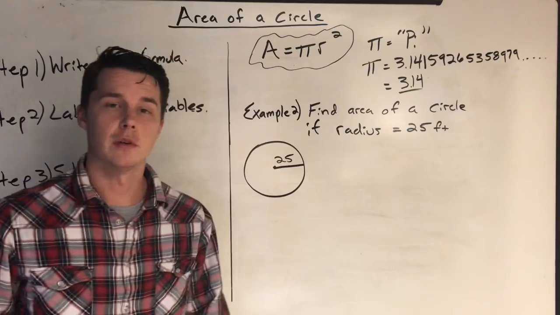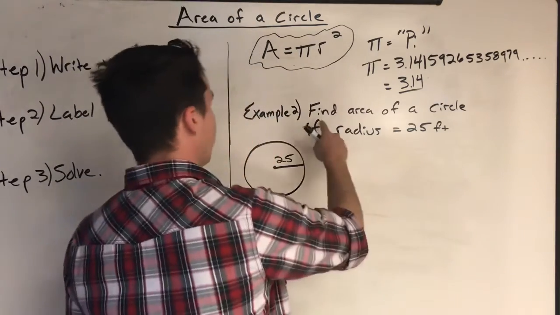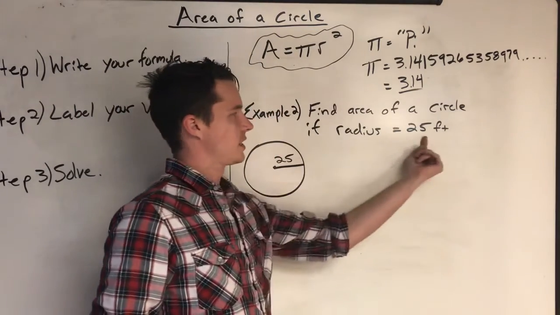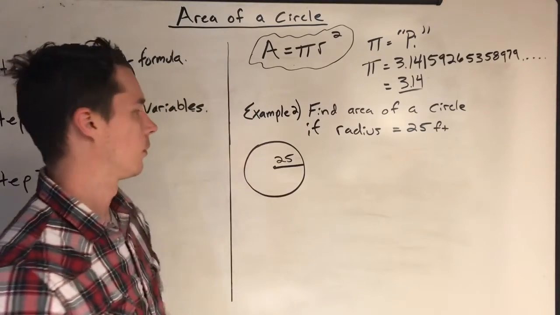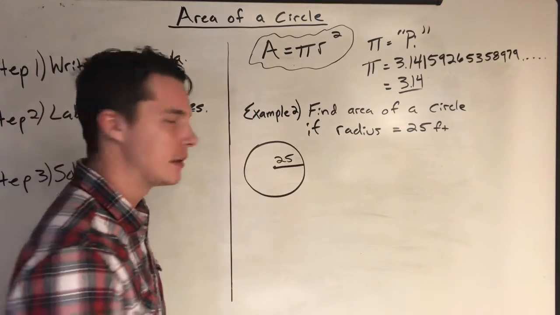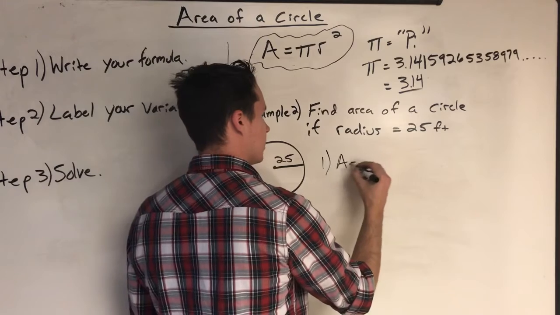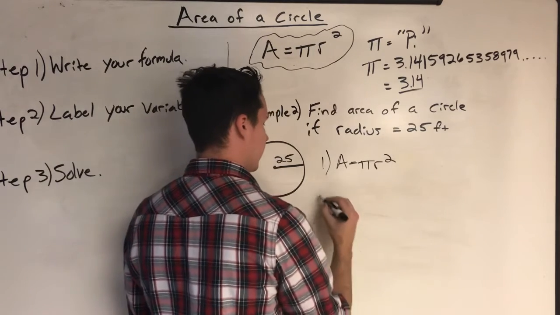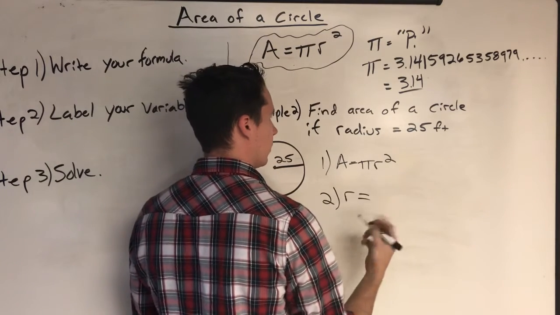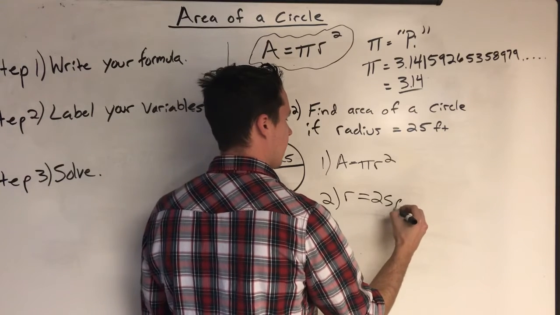All right, example 2, and I hope you guys are going to pick up on this real fast. Find the area of a circle if the radius is 25 feet. There's a circle with a radius of 25 feet. So step 1 is area is equal to pi r squared. Step 2, what was our variable? Our radius is equal to 25 feet.